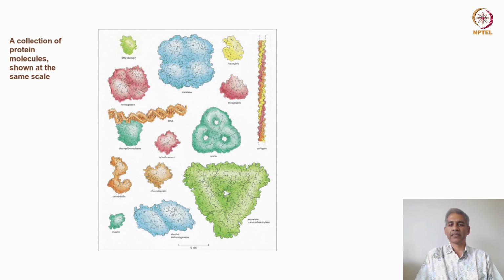Then you can have proteins which are involved in cellular respiration, such as alcohol dehydrogenase or aspartate transcarbamylase. These are some extremely large protein assemblies. They are made up of many different kinds of protein molecules coming together. So I think we should appreciate the many different kinds of proteins and the different functions that they do within our body to keep our cells going.